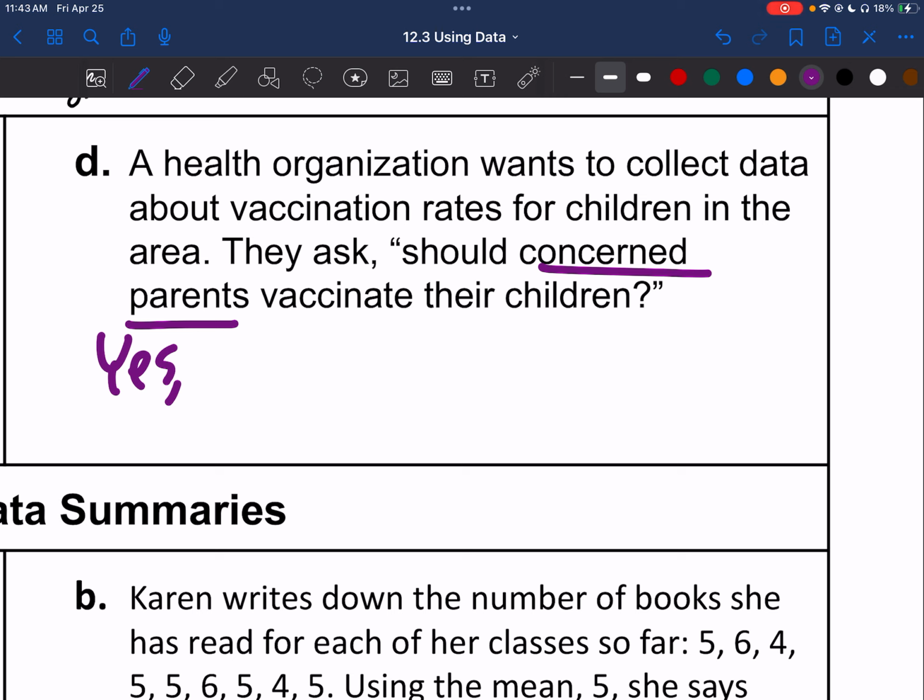So the question is kind of putting some bias in, judging people who may answer one way or the other. What interests might be benefited by this bias? This would be people who are pro vaccine. By biasing it to say that if you don't get your child vaccinated, you are not a concerned parent. That's the implication in this question. That would certainly be a bias in favor of vaccinating.